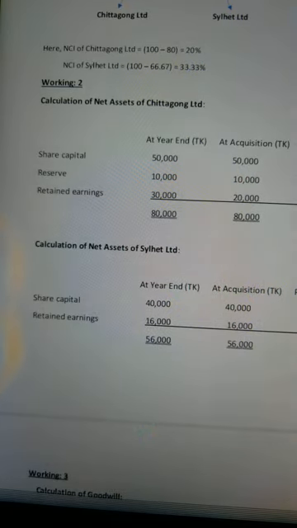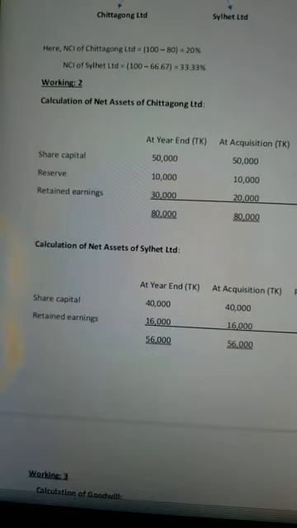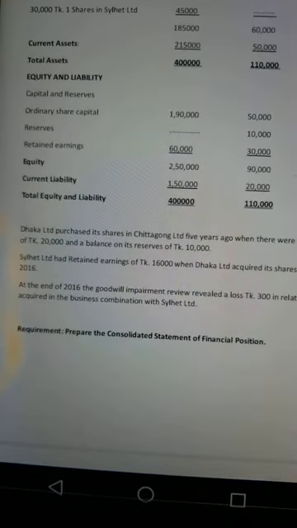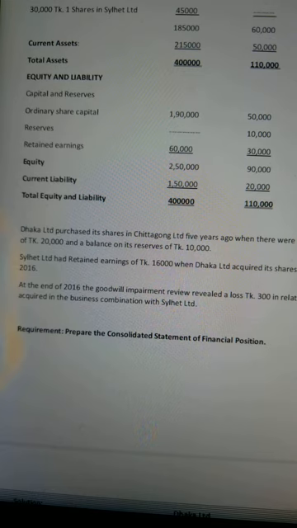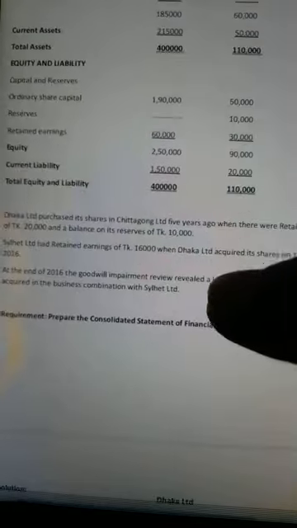Now we have to write retained earnings. Let's check out the retained earnings of both Chittagong Limited and Sylhet Limited. Let's go to the table. In this financial statement, look at this, we have the retained earnings, and we have to work with the subsidiaries. Chittagong Limited, the first subsidiary company, has 30,000, and Sylhet Limited has 16,000 of retained earnings.